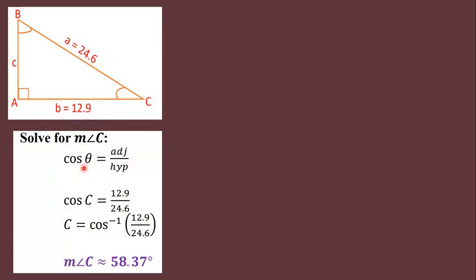Therefore, we manipulate the given. We change theta to C, so cosine C is equal to 12.9 all over 24.6. And after that, we divide it by cosine. Once we're done dividing by cosine, as you can see here, why can I see a cosine raised to the power of -1? It's because cosine raised to the power of -1 is just equal to 12.9 over 24.6 over cosine.